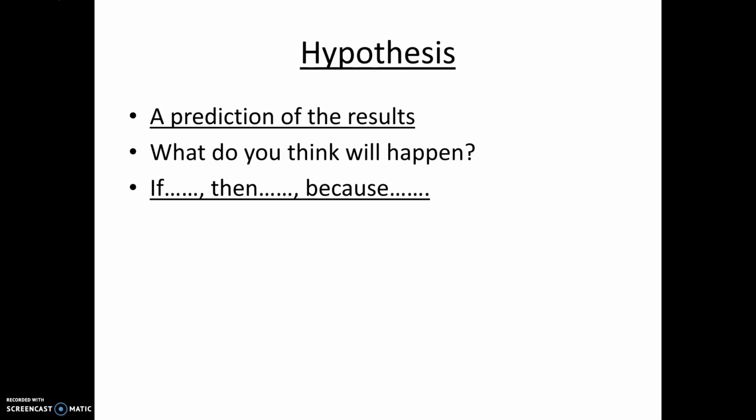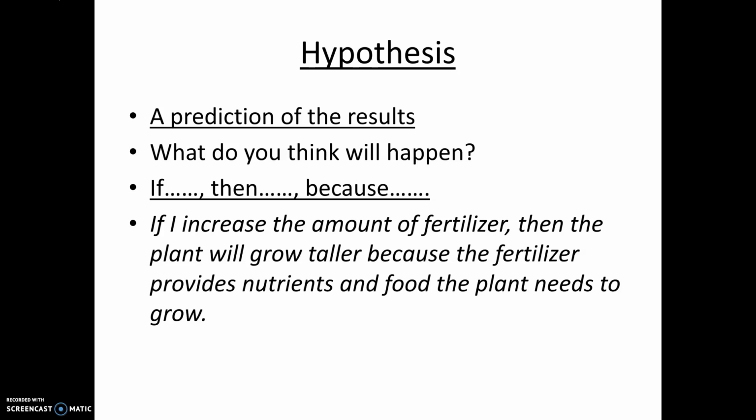And we're going to be taking a look at the growth of plants as our dependent variable. So a great hypothesis for this experiment is if I increase the amount of fertilizer, then the plant will grow taller because the fertilizer provides nutrients and food that the plants need to grow. So again, if is usually going to be what you're changing, so your independent variable, then is going to be your dependent variable, and then the because is your reasoning for it all. So the fertilizer is giving something to the plant, nutrients and food, so it's going to grow.